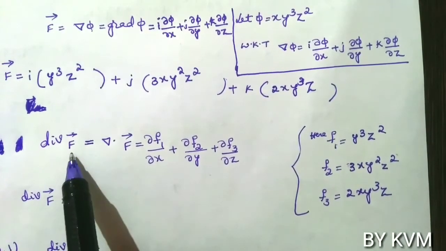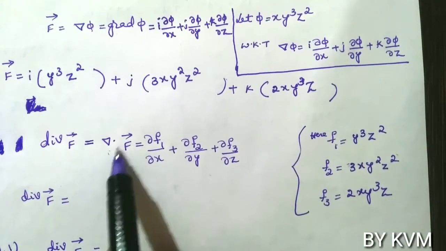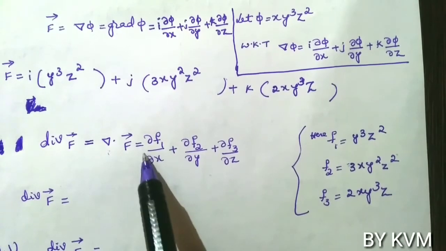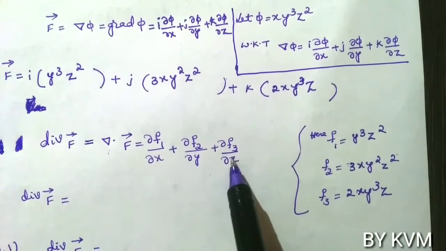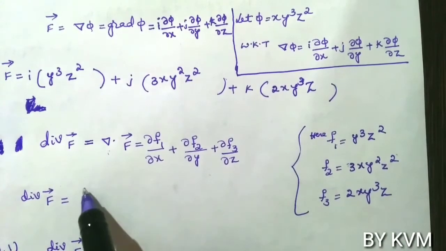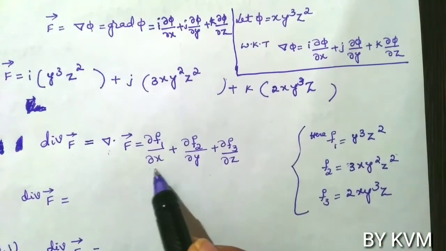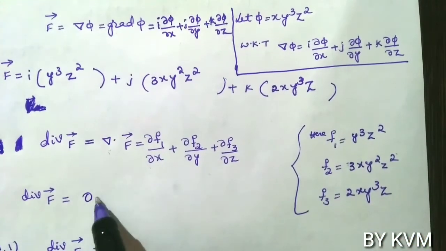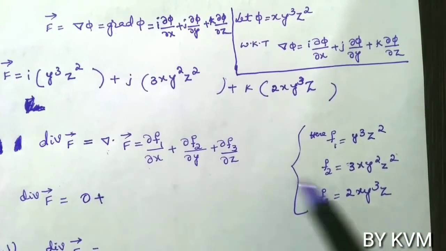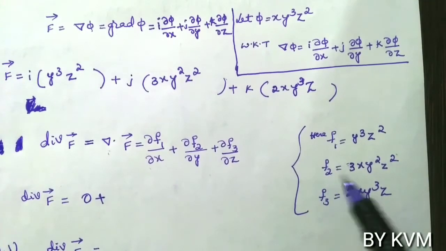Now the divergence of vector f, also denoted as del dot vector f, is ∂f1/∂x plus ∂f2/∂y plus ∂f3/∂z. So differentiate f1 partially with respect to x. There is no x term here, both y and z are constants, so it is 0, plus ∂f2/∂y, differentiating f2 partially with respect to y.